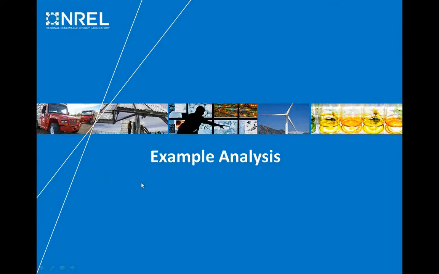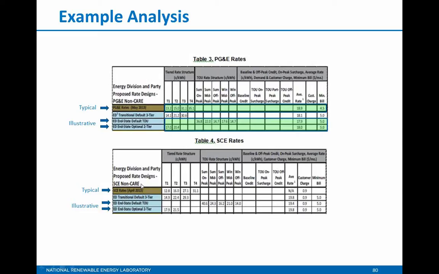Okay, moving forward, I want to show a set of analysis results just as an example. This was looking at the impact of different types of utility rates. The CPUC Energy Division recently did some evaluation.